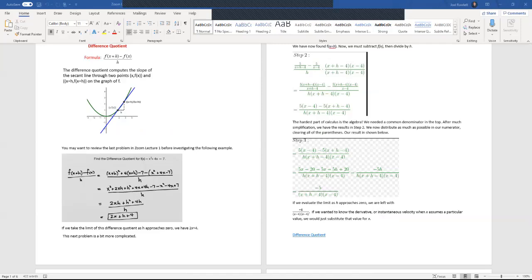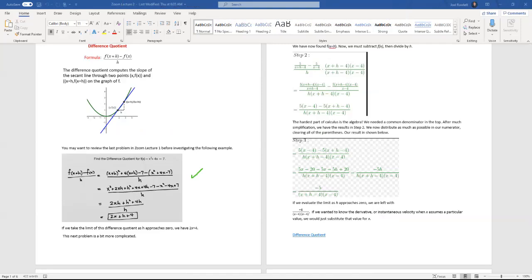Now, you may want to review the last problem in Zoom Lecture 1 before proceeding. Assuming that you have done so, let's look at an application of the difference quotient in this problem here. We have a function f of x equals x squared plus 4x minus 7.